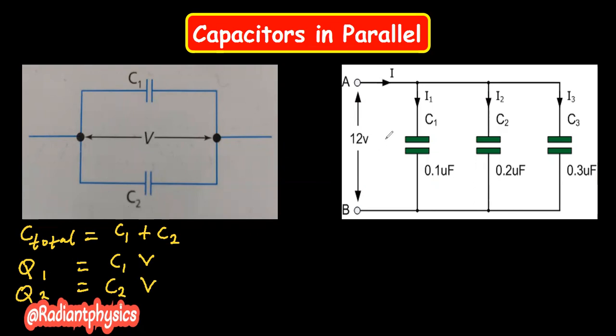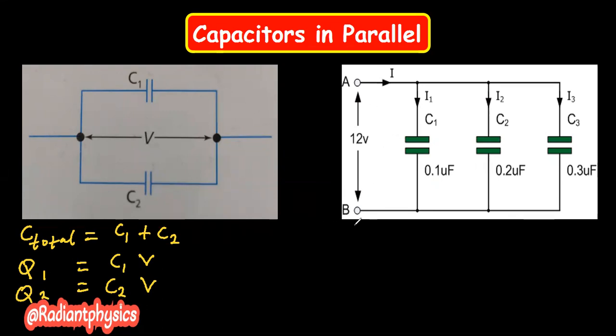And then let's look at the second diagram, which is also an example of capacitors in parallel connection. We have capacitor 1, capacitor 2, and capacitor 3 here, and we can also find the combined capacitance.